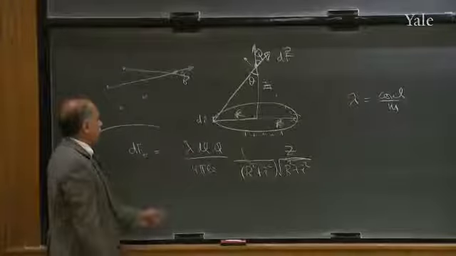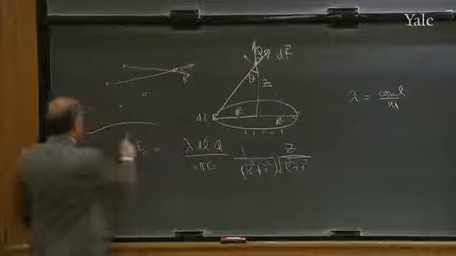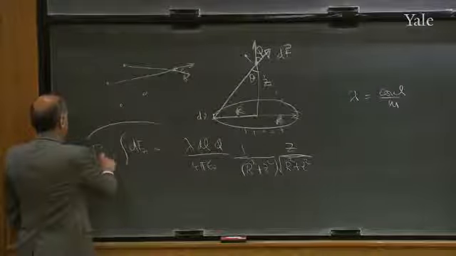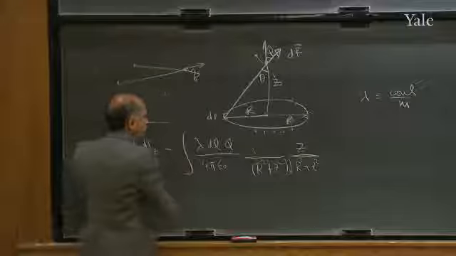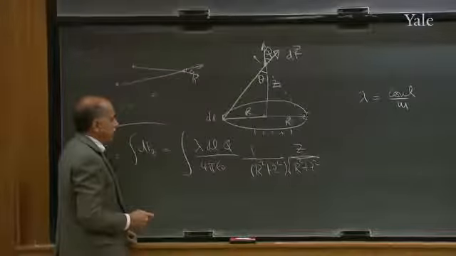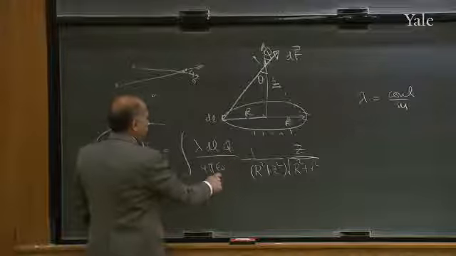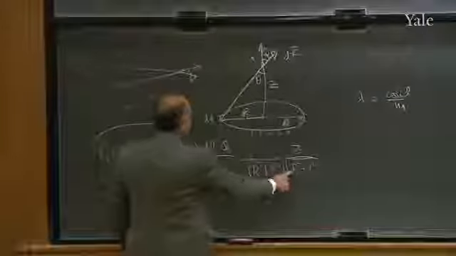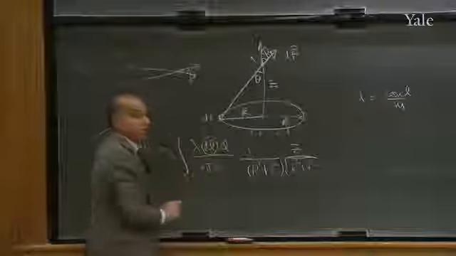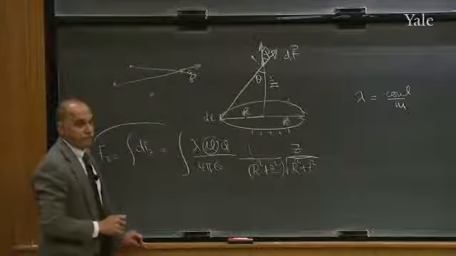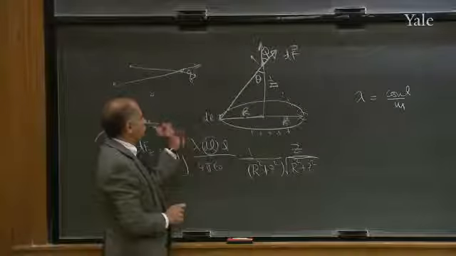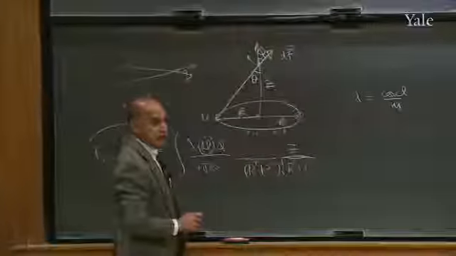That is the dF due to this segment, and the total force in the z direction is the integral of this. And what does that integrate to? Lambda, q, all these are constant. R, z, everything is a constant. You have to add all the dLs. If you add all the dLs, you will get the circumference.